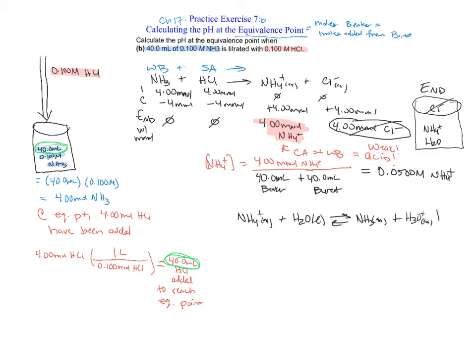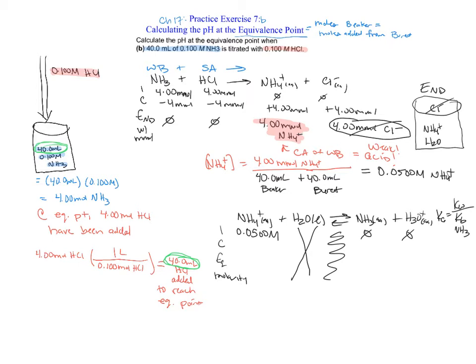And this is a Ka reaction, which I know I'm given a Kb. I was given a Kb in, I think, the previous problem. So we have Kw over Kb of NH3, or you'd be given that on the cover of your exam. So ICEQ with molarity. So I have 0.0500 molar. Water we ignore.